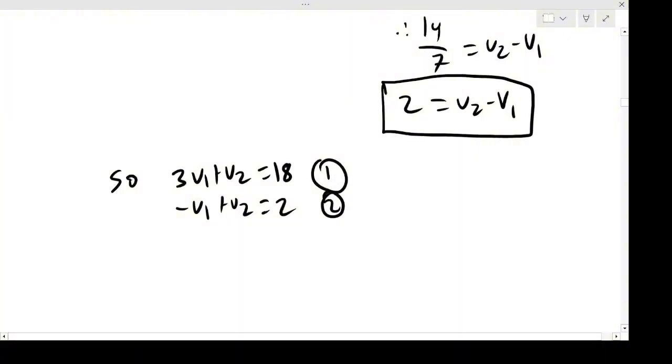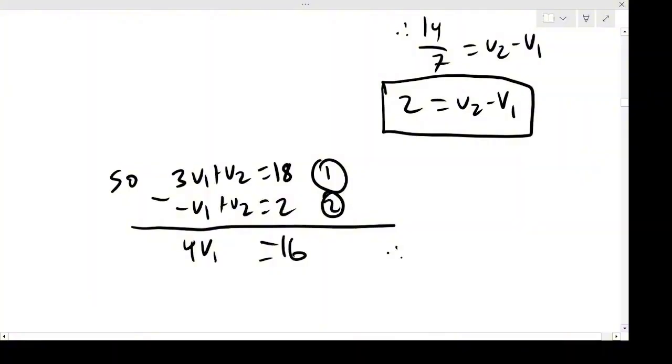And actually, spot, we can just take these equations away, because I have v2, then take away v2, that goes to 0. So the v2s cancel. So we just take these two equations away. So 3v1 take away minus v1, that's a double negative, will go to 4 lots of v1. Then the v2s cancel. That's going to equal 18 minus 2, which is 16.